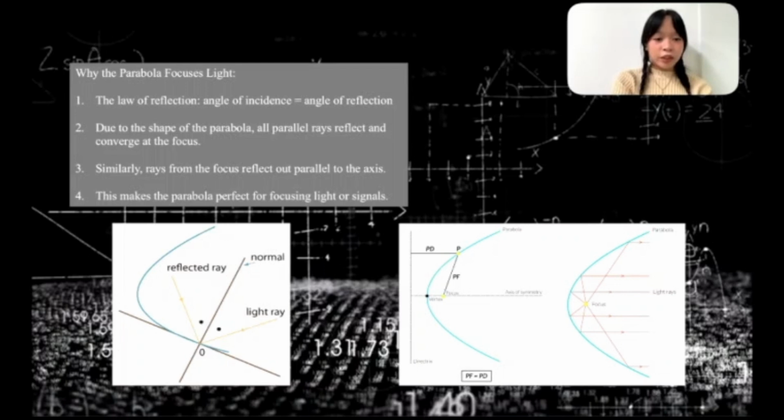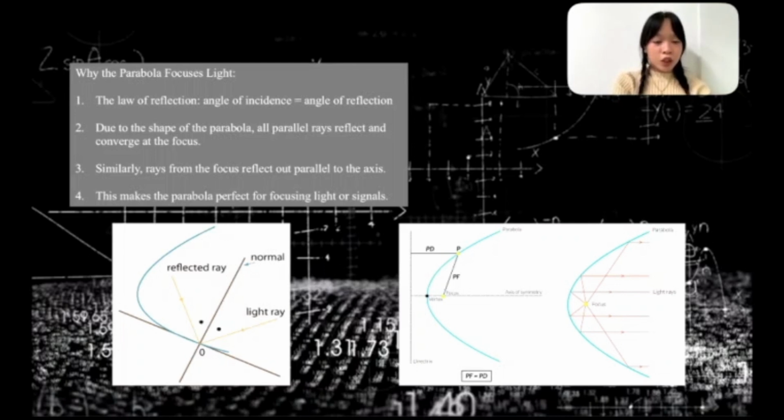In solar concentrators, sunlight is focused to produce intense heat. In satellite dishes, weak radio signals from space are collected and focused onto a receiver. In car headlights and flashlights, light from a small bulb is reflected outward in parallel beams to illuminate a wide area efficiently.